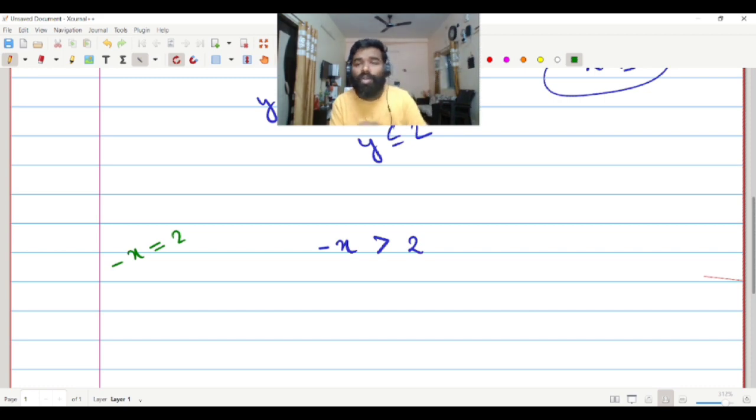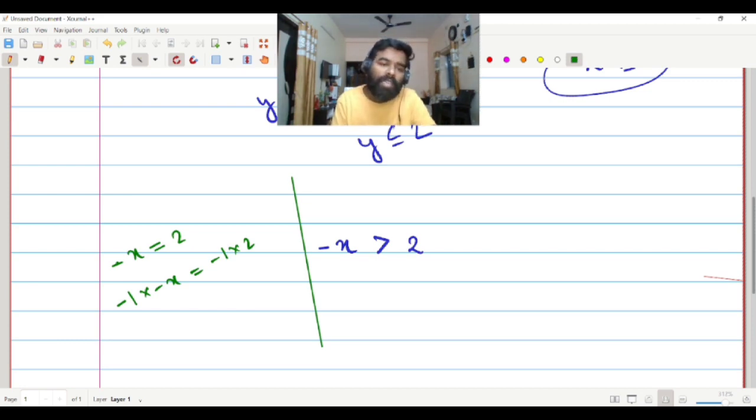If I have minus x is equal to 2, then simply I would take this minus 1 to the other side, or you can say we are multiplying minus 1 on both sides. This we usually do for equations.